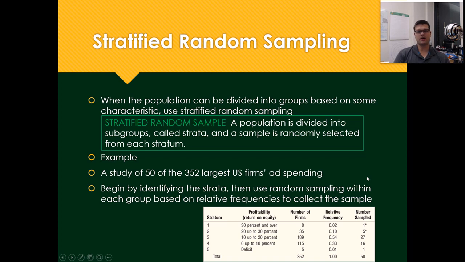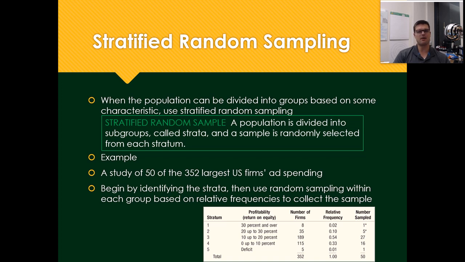So a stratified random sample is when you essentially create groups that these individuals can fall into. Previously in this course we created classes. So if you create classes, for instance, if you have a continuum of individuals from 0 up to 100%, or down here we've got firms that have profitability.